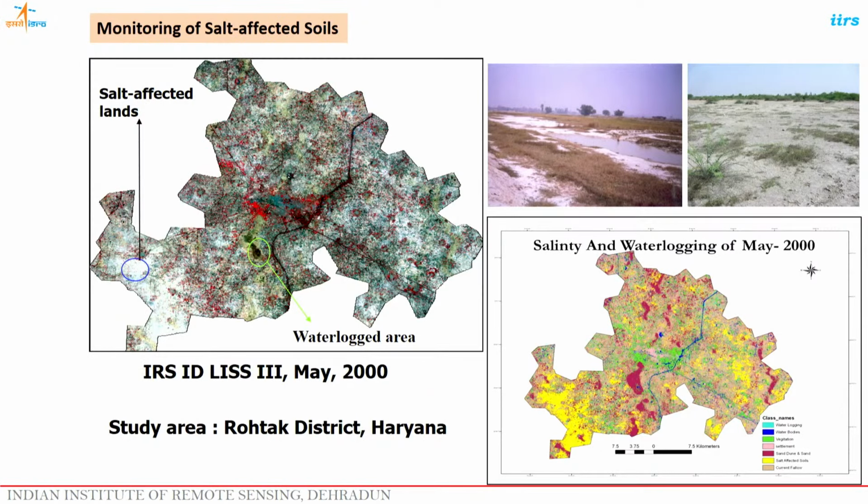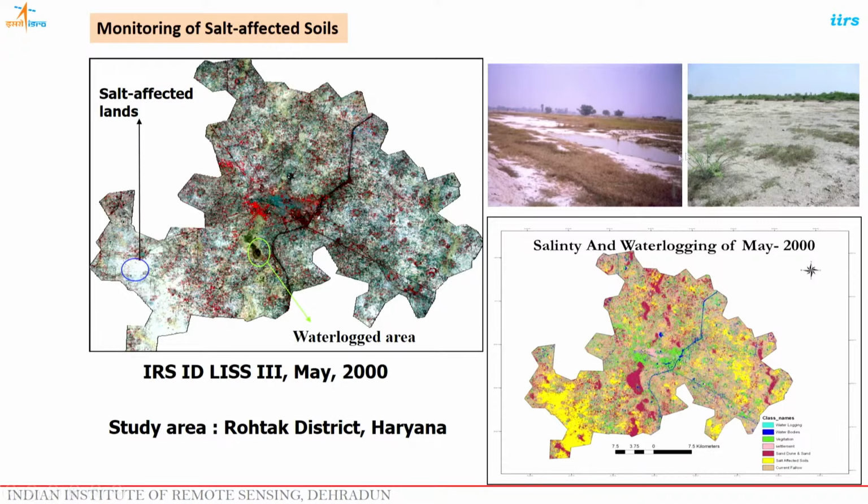Now we can also map the salt affected soils with digital techniques, where you can use supervised classification. This is the study shown in the Rohtak district of Haryana. This district has been masked, and you see the whitish color. These are the salt affected soils, and these are the waterlogged areas.